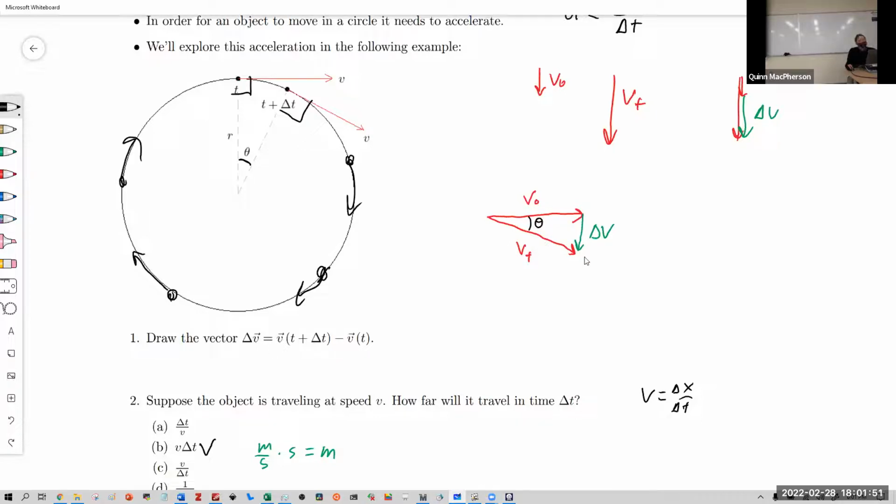Now, technically speaking, this isn't a right triangle, because this sticks out just a little bit further than this one. But we're going to make an approximation. We're going to say theta is small. If theta is small, then this little change in v is almost directly downward. So let's just pretend it's straight down, and that's a right angle.